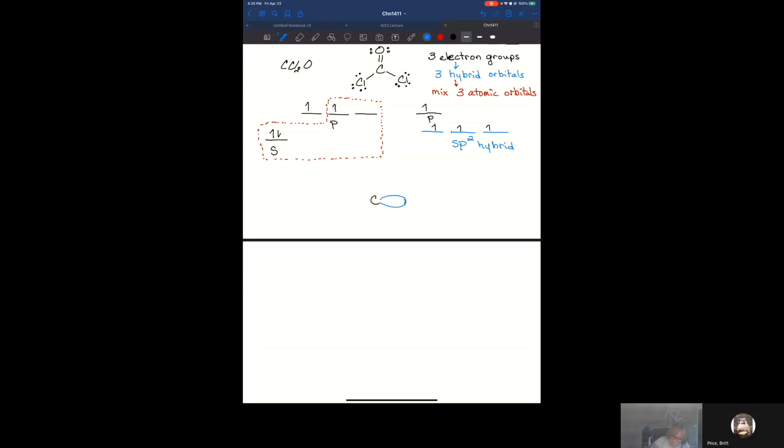Right, so there's my carbon. And now I have 2 more of these, and I'm going to try to do this looking at the side. So there's 1.